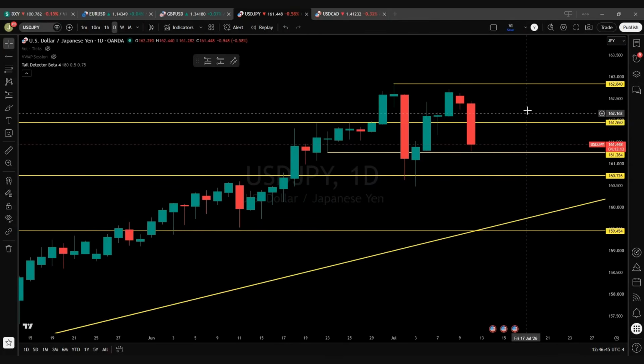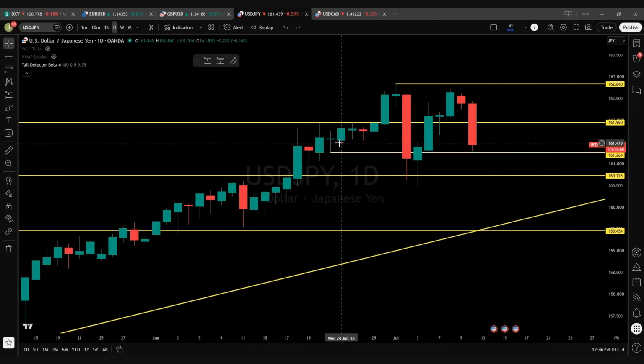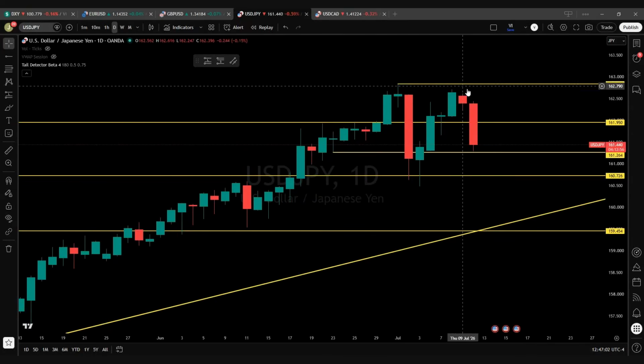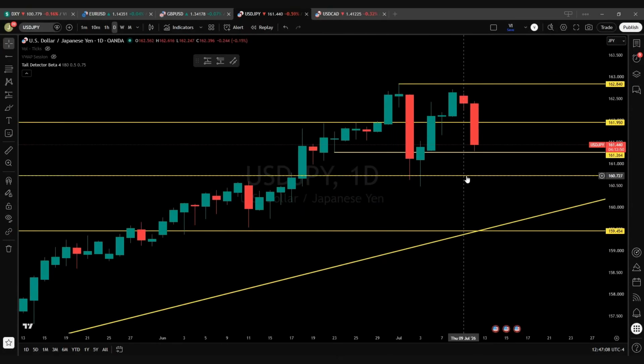So to the upside, if the dollar versus the yen were to recover, this 161,950 will now be resistance. But to the downside, price caught support at this low pivot of 161,264 and has since bounced. If selling keeps occurring, I have this next key level, this high pivot here at 160,726.